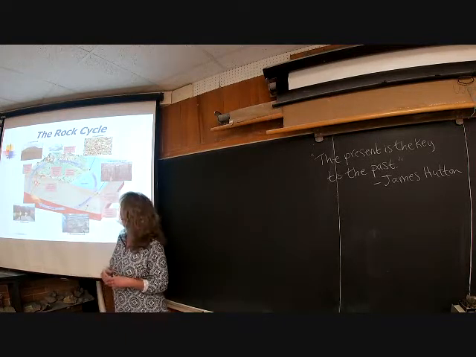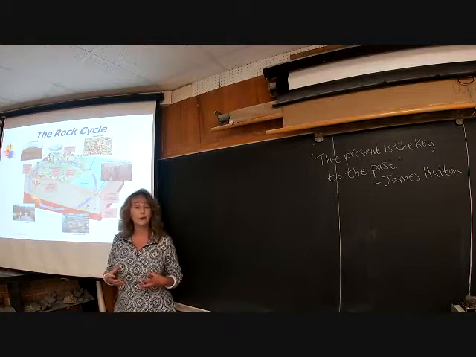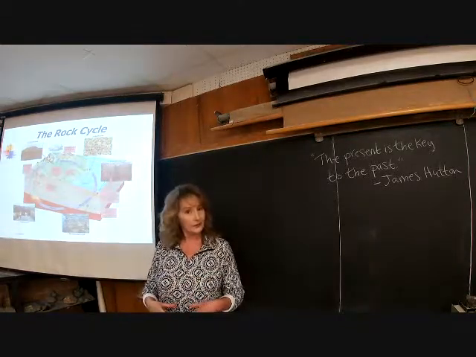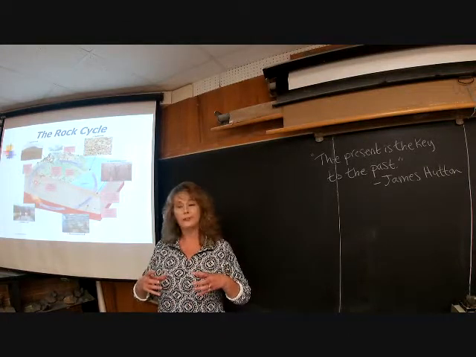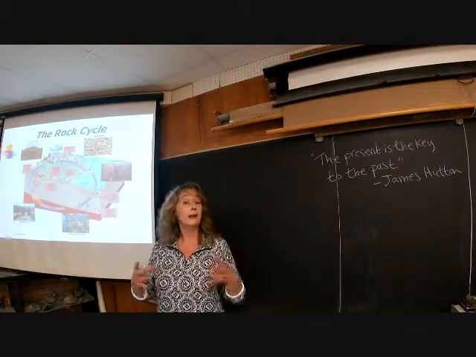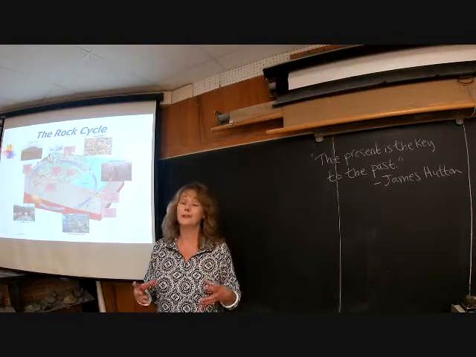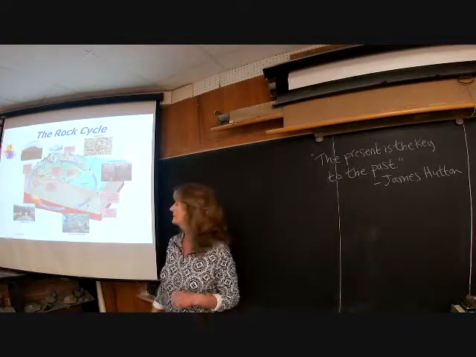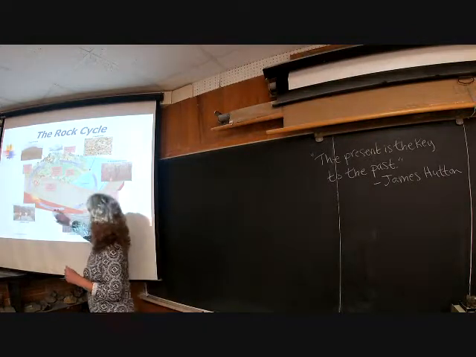It's going to move its way up, and some of that's going to cool. Now, some of that's going to cool internally within the Earth's surface. As it gets closer to the Earth's surface, temperatures are a little lower, and it could actually solidify, crystallize out internally. So those are intrusive types of igneous rocks.